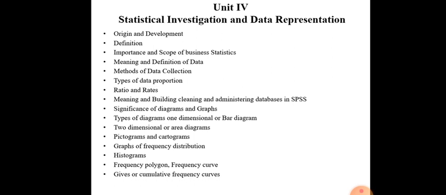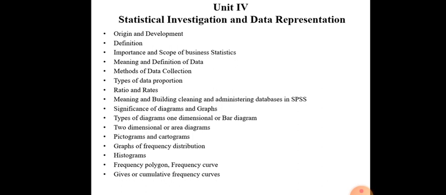Whatever quantitative or numerical data is there, its collection, representation, presentation, analysis and interpretation is nothing but statistics.